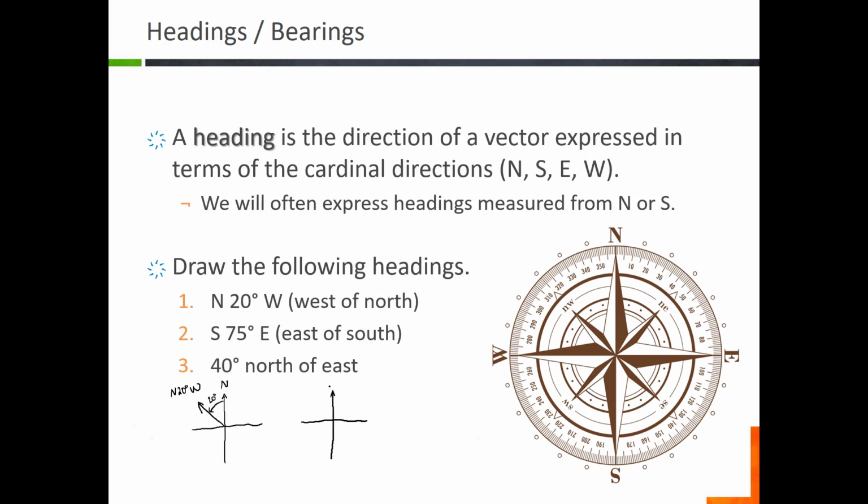North is the positive y-axis, which means south is the negative y-axis. Starting from the south direction, we rotate 75 degrees towards east. So this would be south 75 degrees east, or 75 degrees east of south.